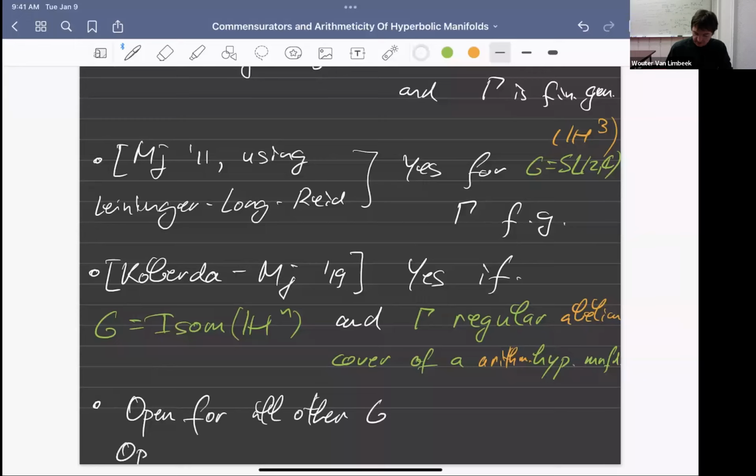It's open for gamma infinitely generated in these first two results.